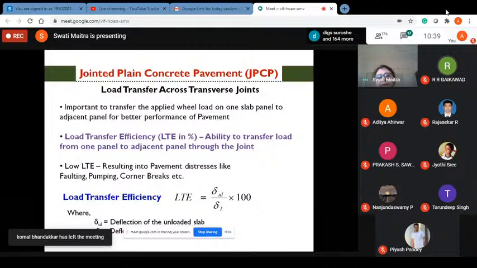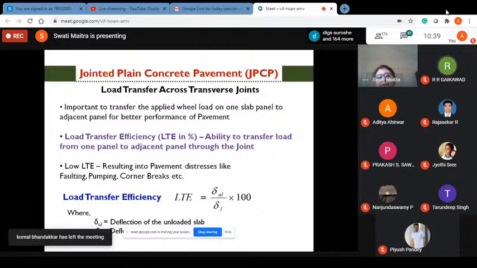Now here are some pictures of the failures or distresses of concrete pavement. You can see that shrinkage cracks are very common if the construction is not proper, not cured properly, or not saw cut in time. So several cracks occur in concrete pavement. Construction is very important in case of concrete pavement.